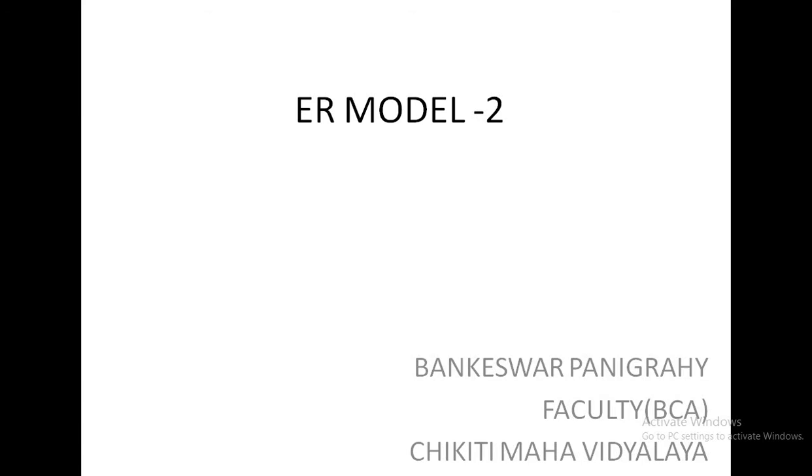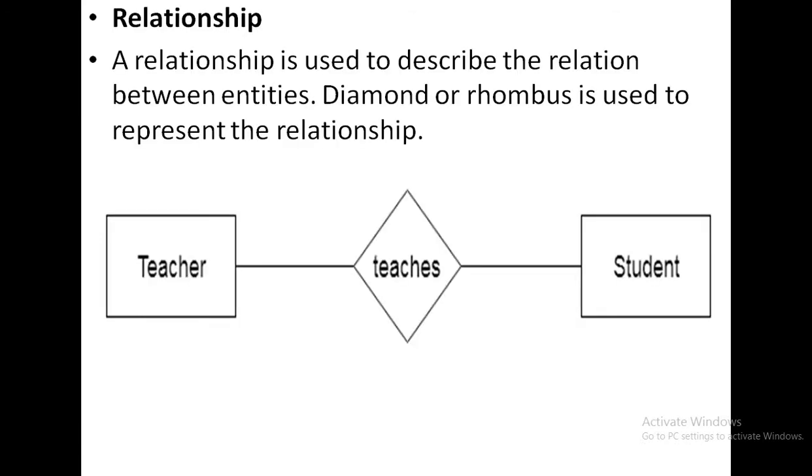So a relationship is used to describe the relation between the entities. A diamond or rhombus is used to represent the relationship.